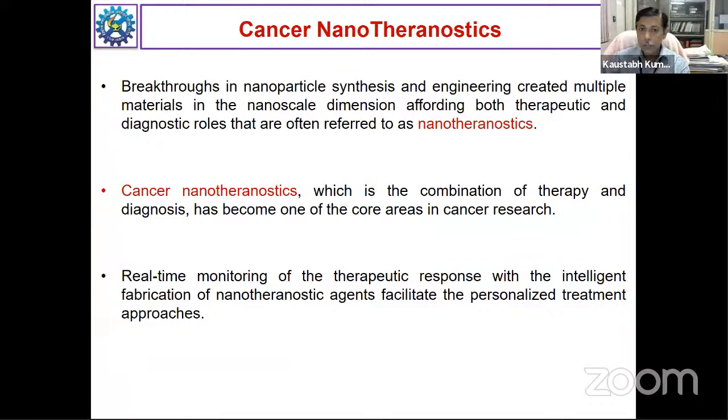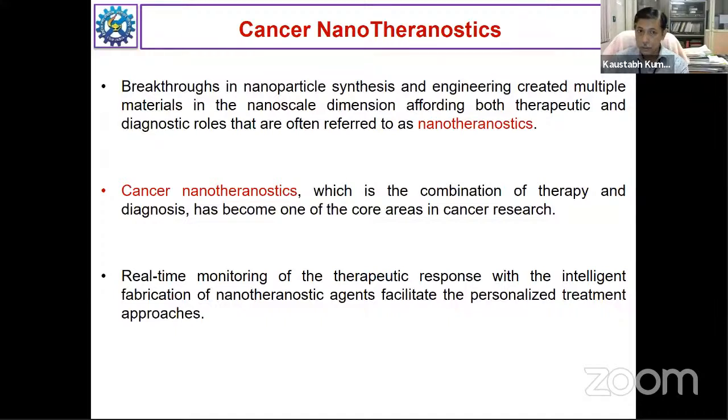We all know about nanoparticles, their synthesis, and how they are engineered. When nanoparticles are in nanoscale dimensions, they can afford both therapeutic and diagnostic roles, which is referred to as nanotheranostics.